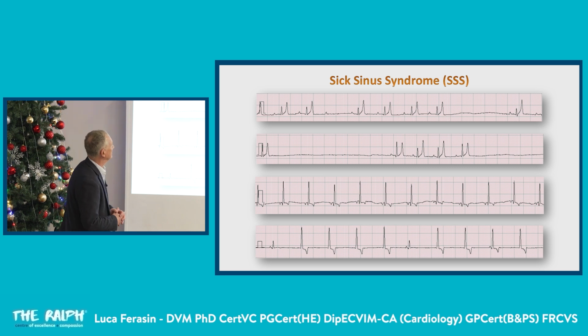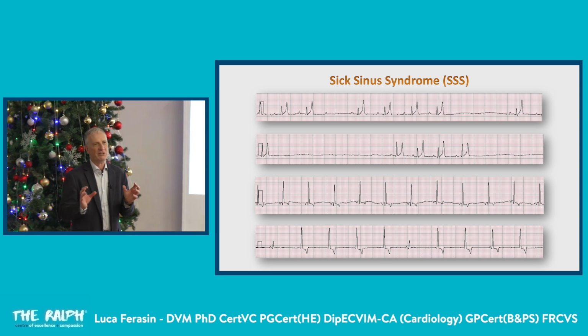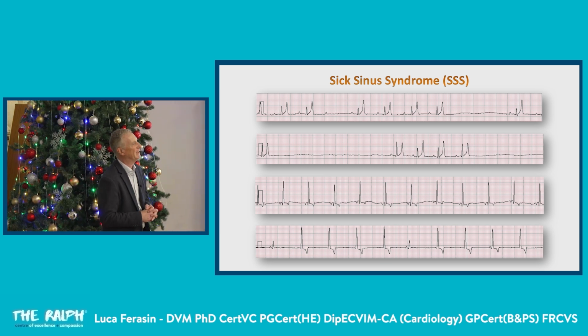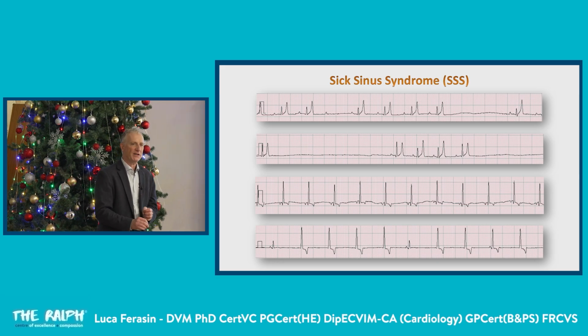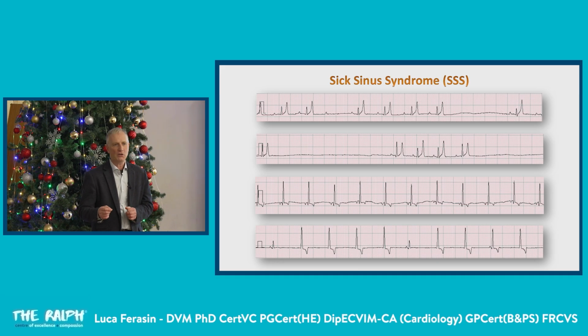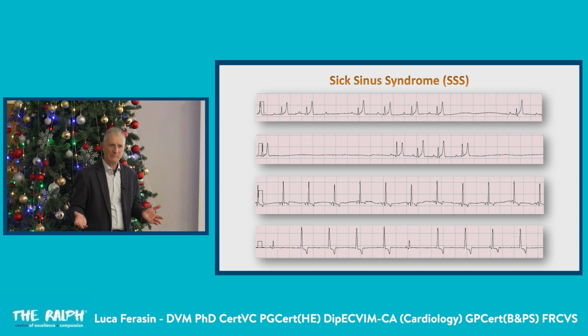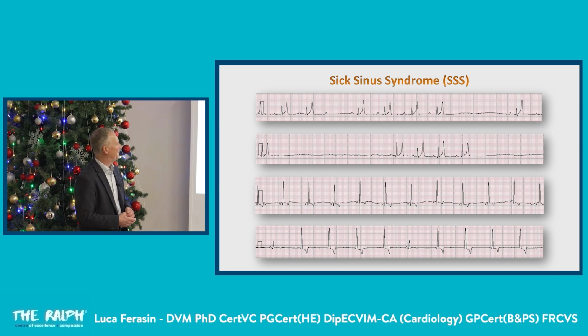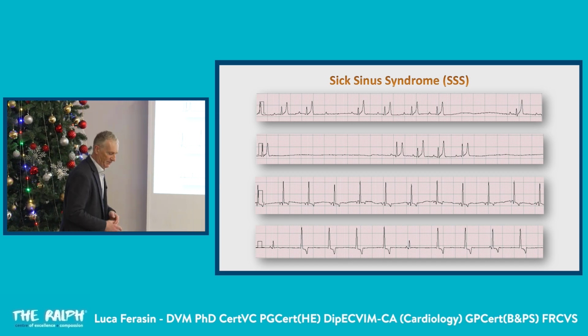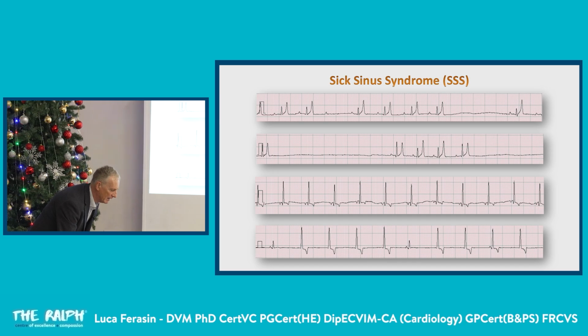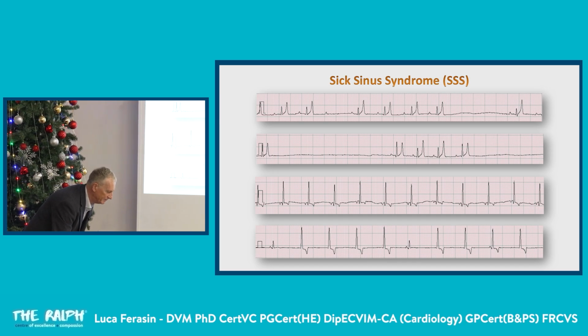Then we got sick sinus syndrome. I don't use this terminology anymore. I rather call it sinus node dysfunction. It means that the sinus node occasionally fails to depolarize. And by doing that, causes long pauses. These pauses can be followed by a rescue beat.